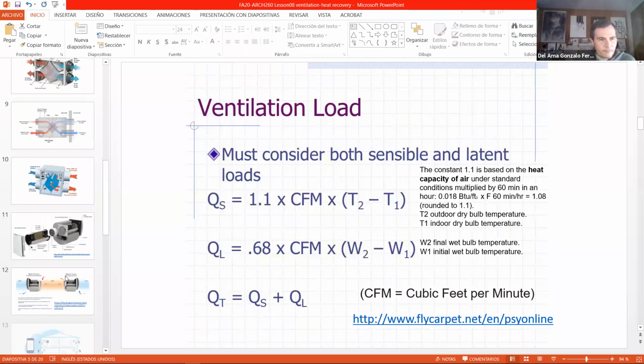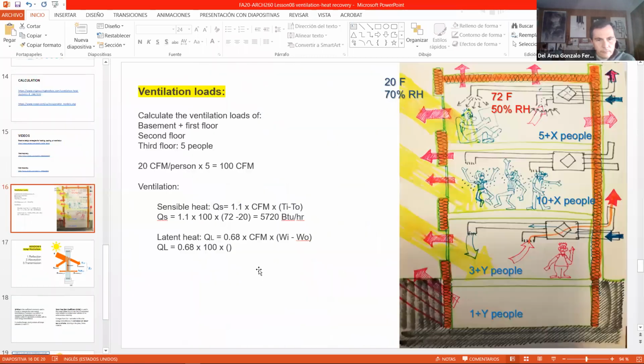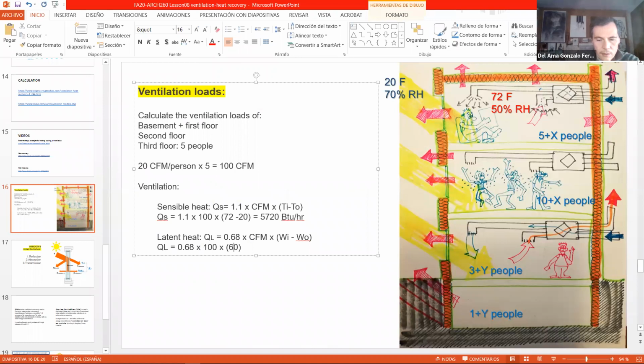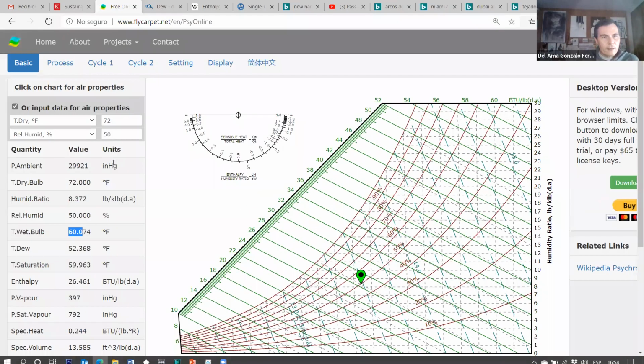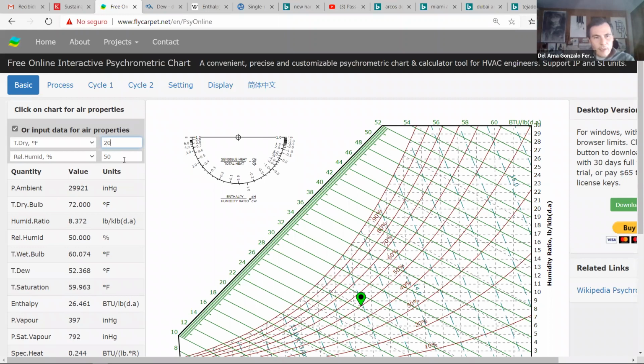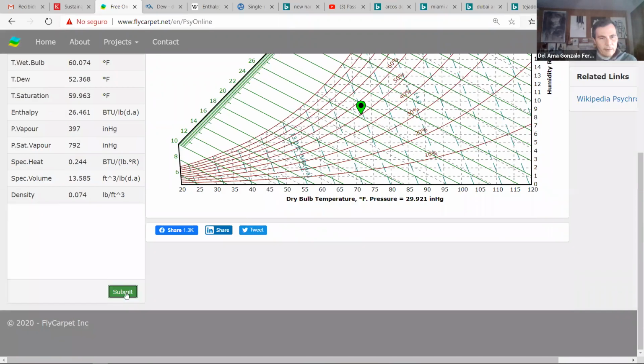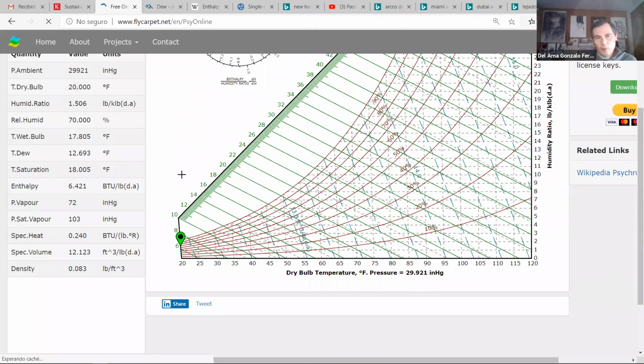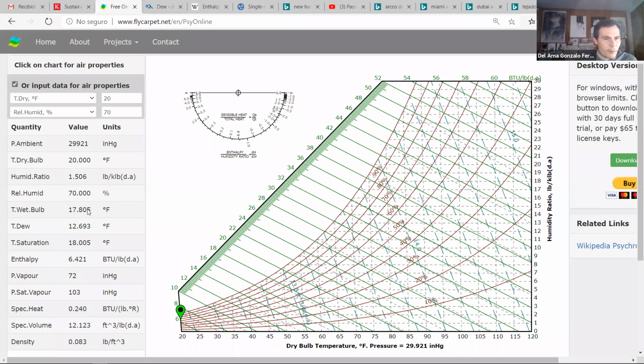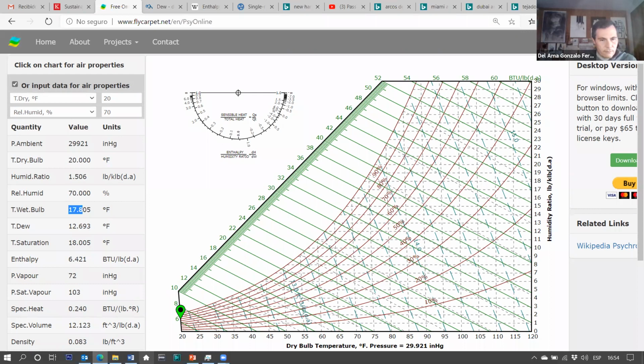So I click here, 60.07 minus, and now I have to calculate the outdoor wet bulb temperature, 20 and 70. Outdoor temperature is 20 Fahrenheit. Relative humidity is 70. Submit again. Now the point is here, and the wet bulb temperature is 17.8.